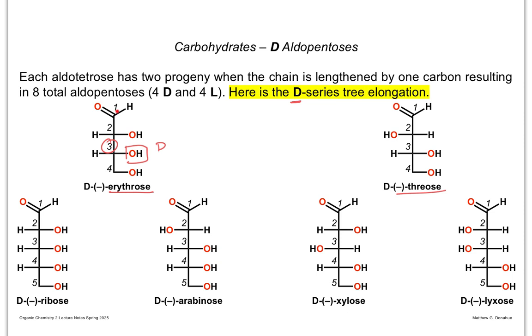So this carbon 1 becomes carbon 2 in the pentose. So notice now it can go to the right or to the left.